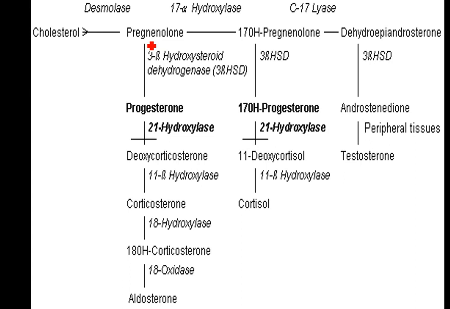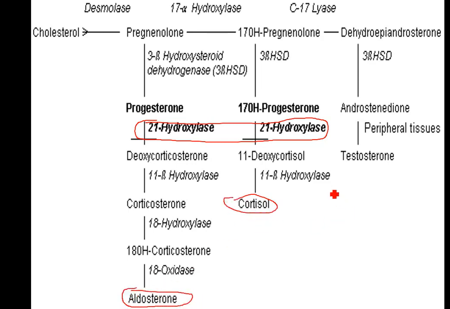By the presence of 21 hydroxylase, progesterone is hydroxylated to deoxycorticosterone, and then the final pathway reaches the production of aldosterone. In the other line, also by the presence of 21 hydroxylase, 17-hydroxyprogesterone is hydroxylated to 11-deoxycortisol, and this subsequently leads to the production of cortisol. When there is deficiency of 21 hydroxylase, the final production of cortisol and aldosterone fails.